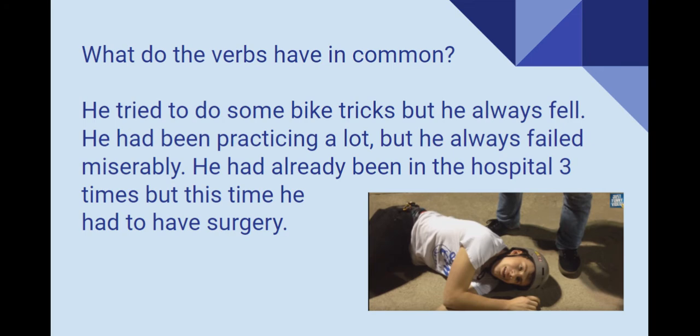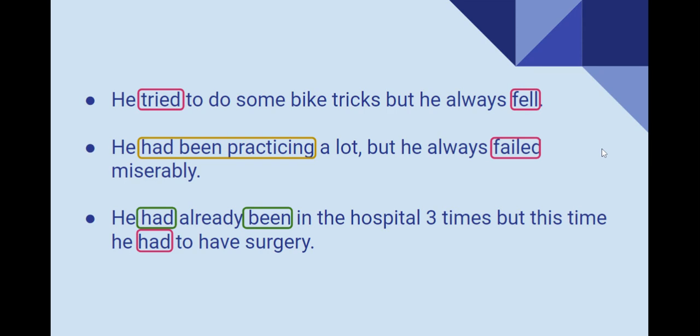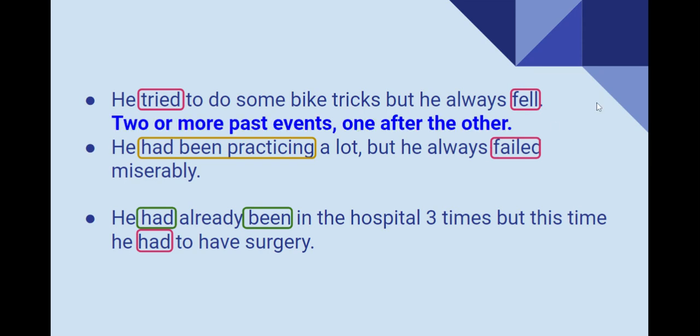And what do the verbs have in common? If you notice, here we're using only past tenses to talk about the past. Now, we use simple past when we're talking about two or more past events, one after the other, but they all refer to the same period of time.